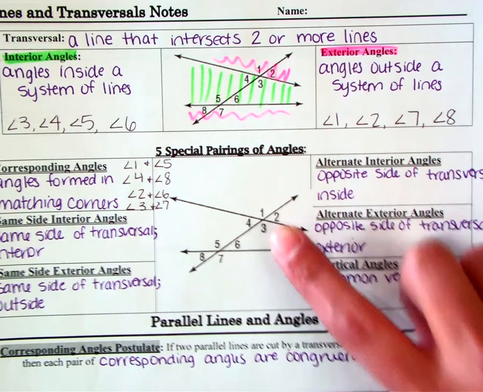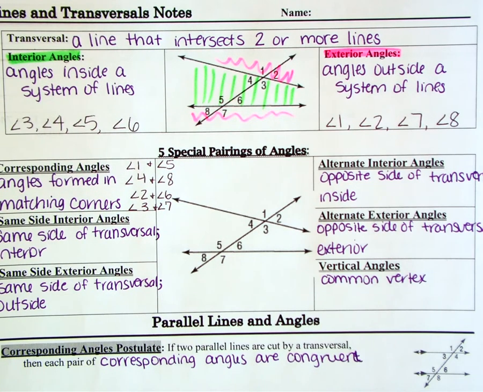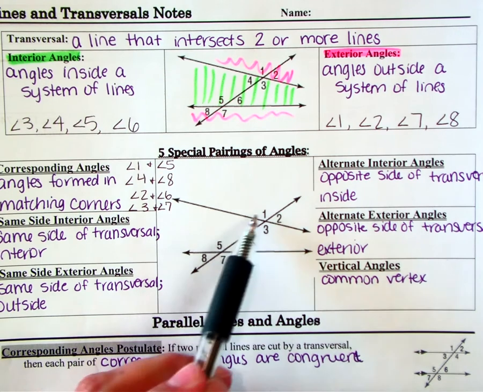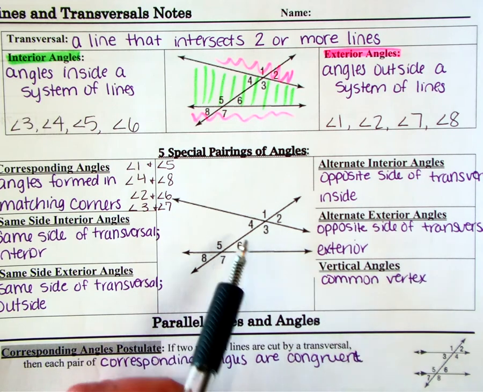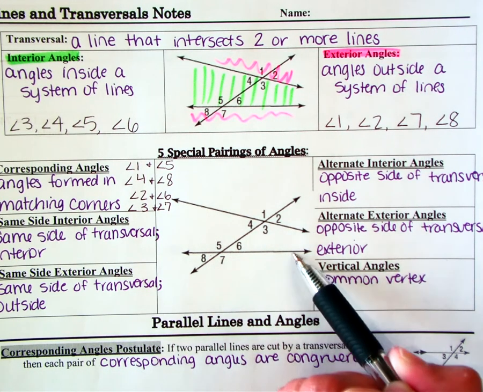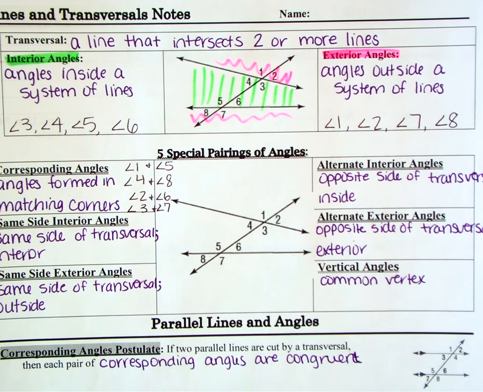That means they are both in the same spot. They're both on the same side of the transversal. Like 1 and 5 are both on the left side of the transversal. They are both above the lines that the transversal intersects. So 1 and 5 are in the same spot.